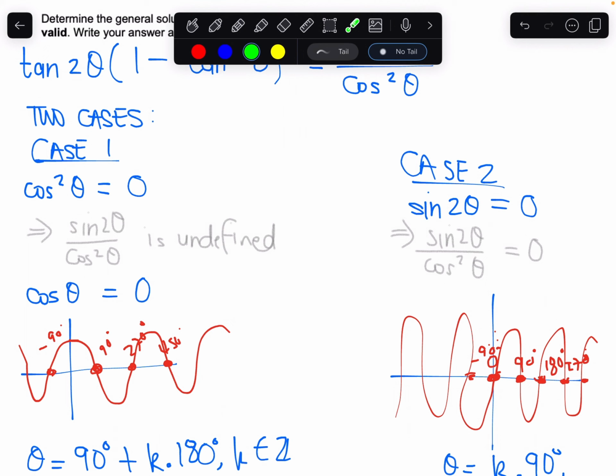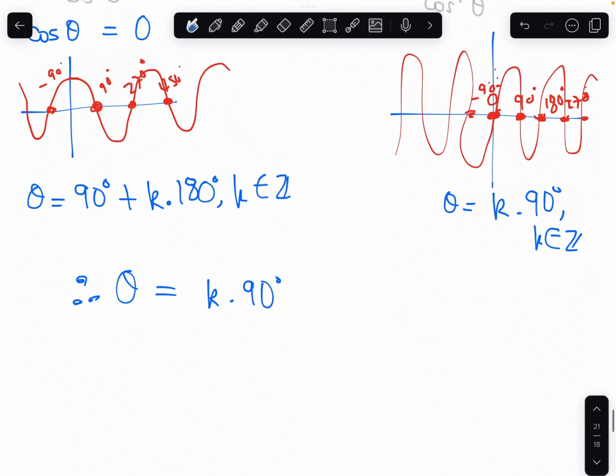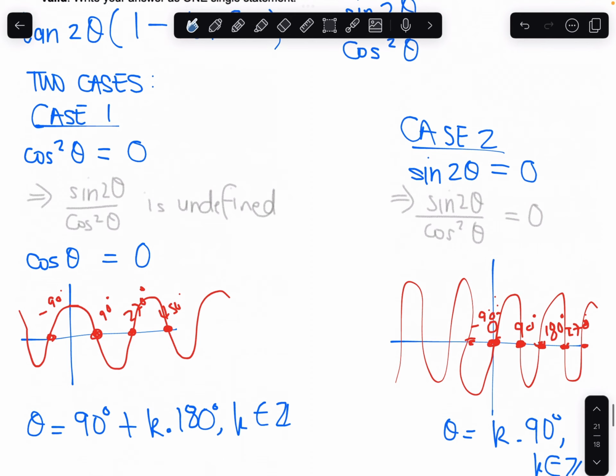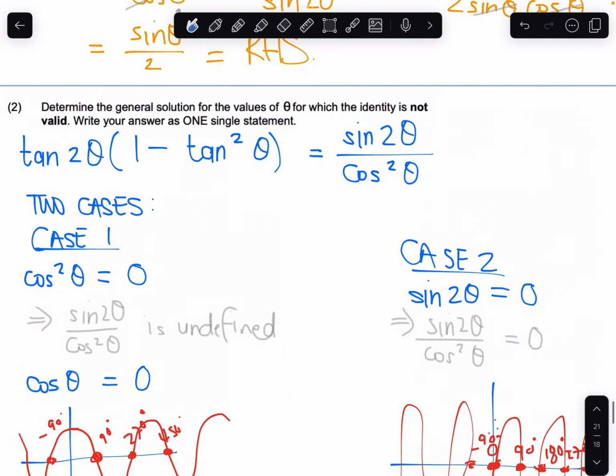So I looked at where it's equal to 0, and that just gave me 0, 90, 180. So yeah, using this approach, I didn't get the 45 degrees. I only got the multiples of 90. So this was actually incorrect.